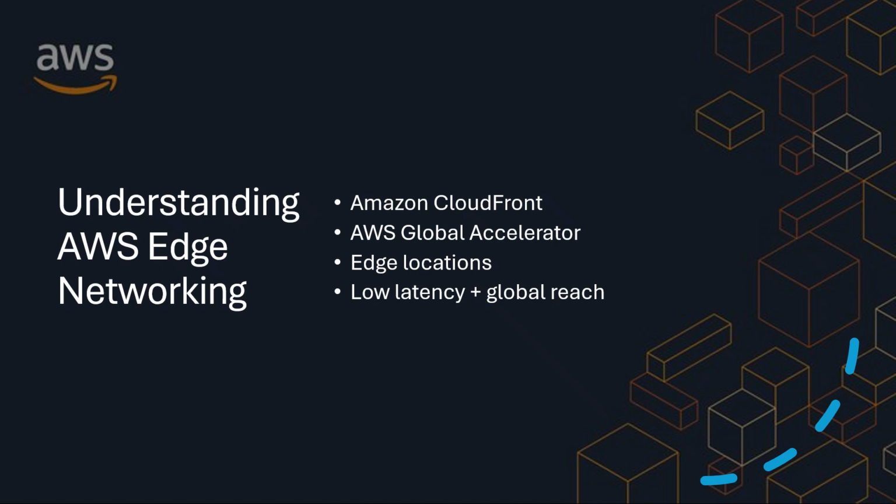AWS Global Accelerator uses the AWS global backbone network to route user traffic to the nearest healthy endpoint, improving performance for globally distributed users. It offers static IPs, intelligent routing, and fast failover compared to DNS-based solutions. By combining CloudFront for content delivery and Global Accelerator for optimized traffic routing, you can significantly improve network speed, reliability, and user experience across regions.